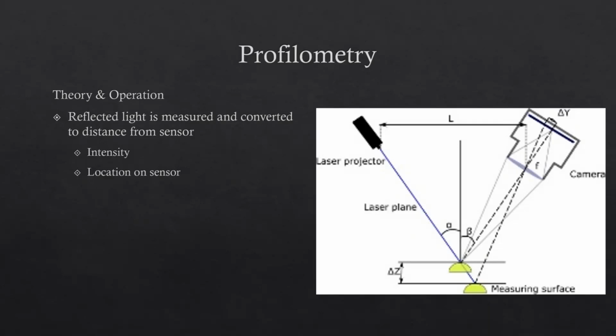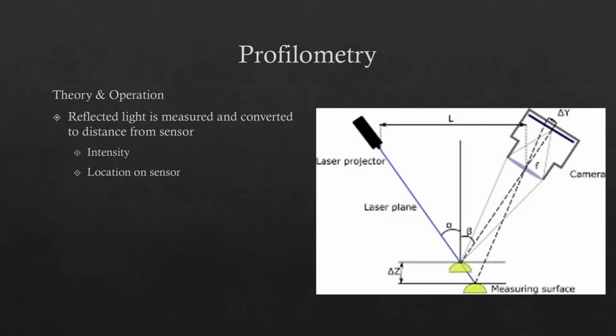That same beam, as part of it, hits a different area, and you can see these have a difference of distance of z. That's going to reflect at a slightly different angle, and so it's going to hit a different part of the sensor inside the camera. Okay?